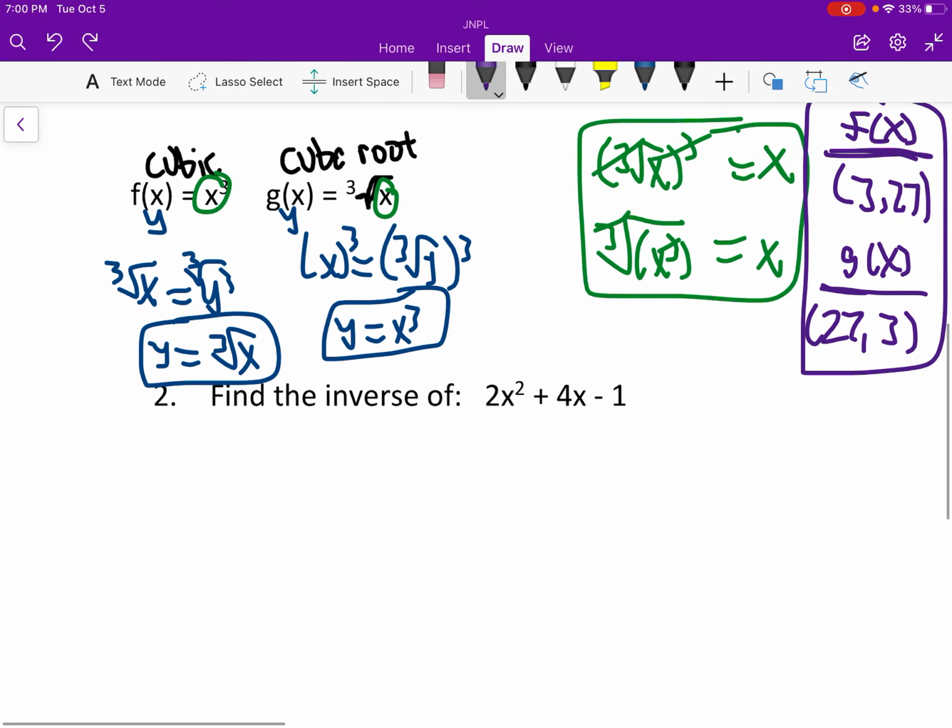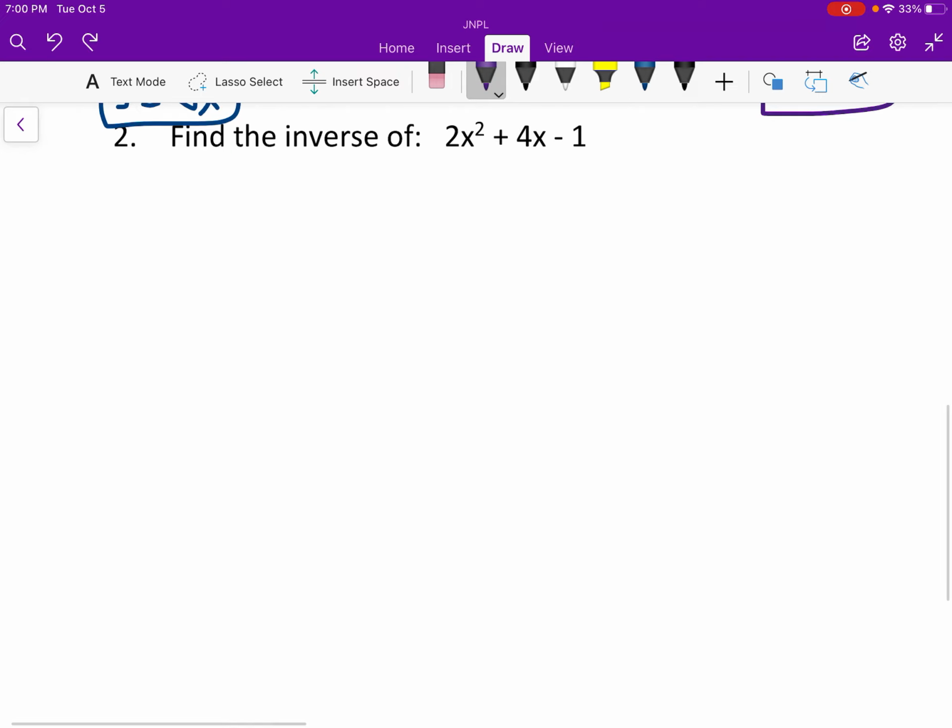That is that. Now, what if you have to find the inverse of it? Well, like I said, you just switch x and y. So this equation is y equals 2x squared plus 4x minus 1. We know this is like the blue method.